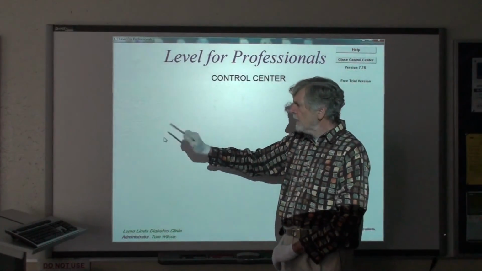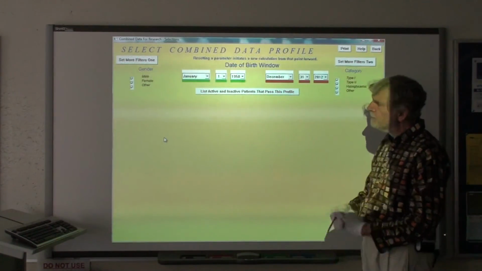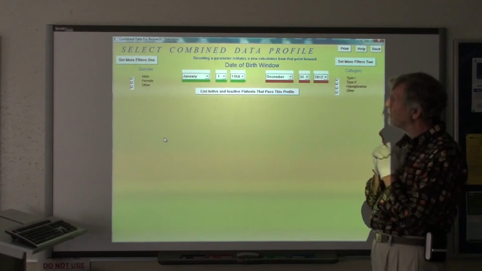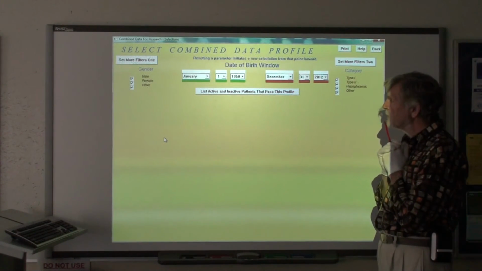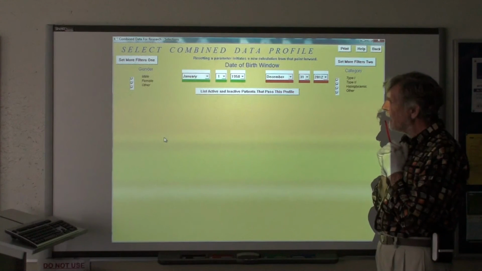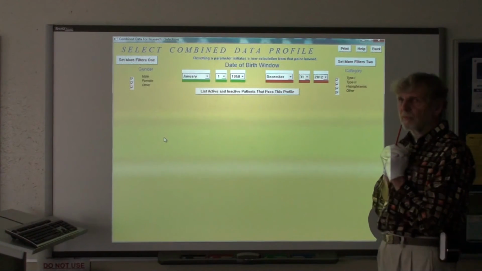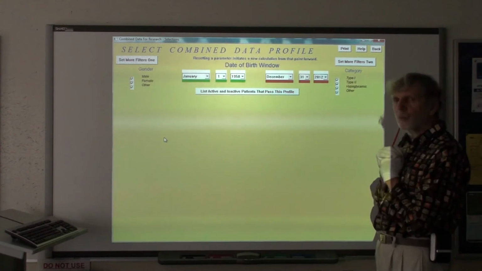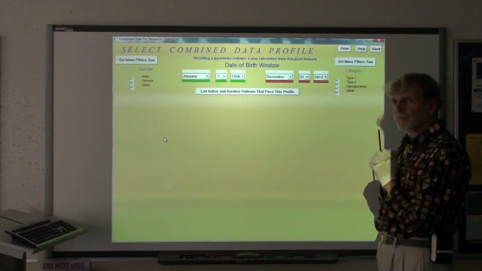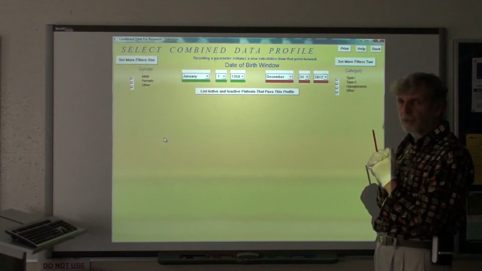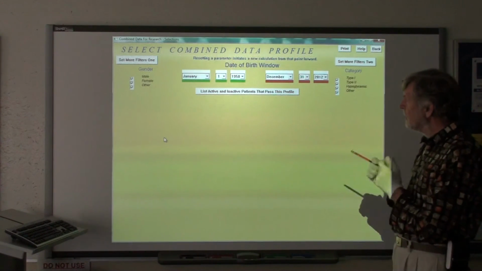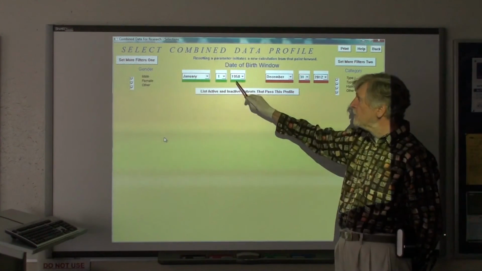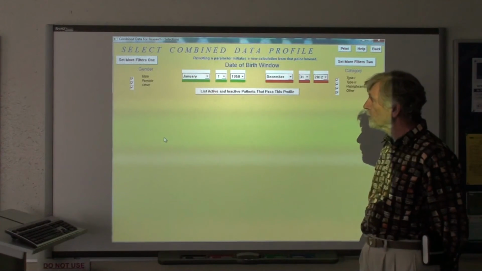The next thing that you can do could be extremely interesting to you if you care to do research. What you can do now is combine the data for selected patients into one large data set. And the filters that you can put on the patients that you select, first of all, would be their current age, which you select on a date of birth window.